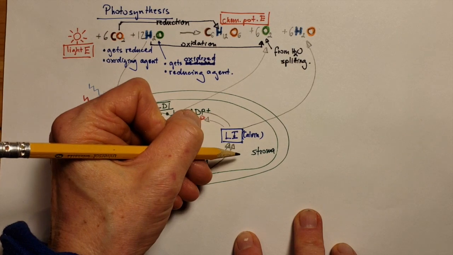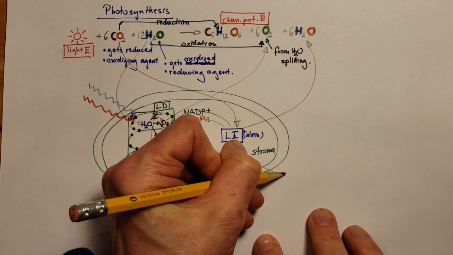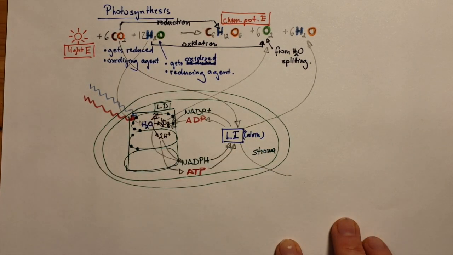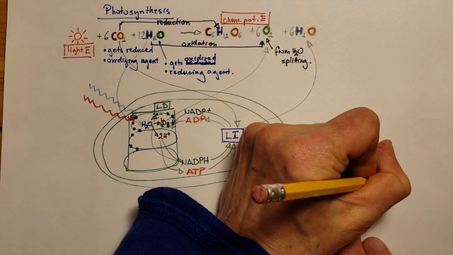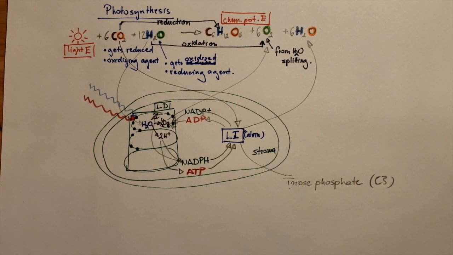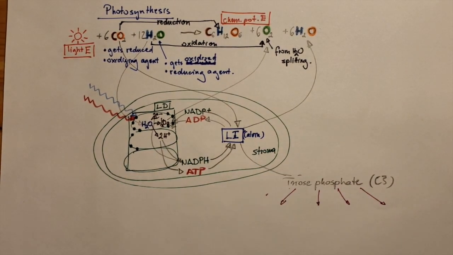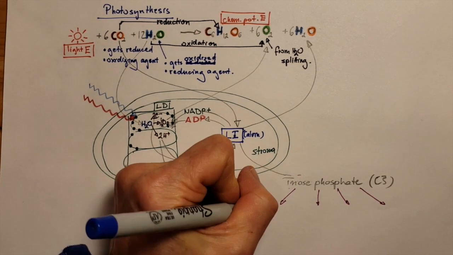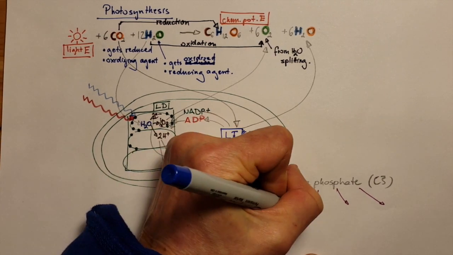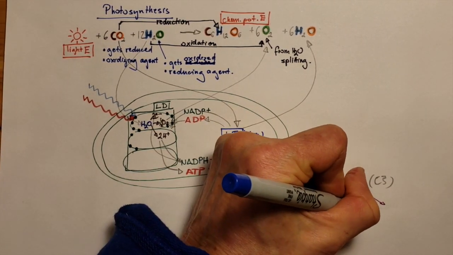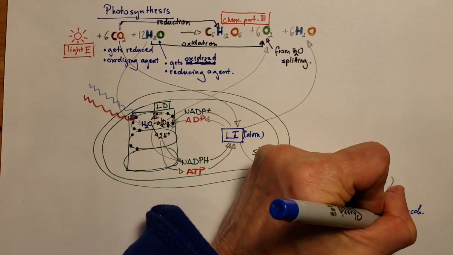So the Calvin cycle happens in the stroma, and the carbon dioxide gets into the light independent reaction and yields a triose phosphate, a 3-carbon molecule, carbohydrate, and this triose phosphate is going to turn into different carbohydrates: disaccharides, for example sucrose, or starch as a storage material, cellulose for cell wall, or monosaccharides for cellular respiration.